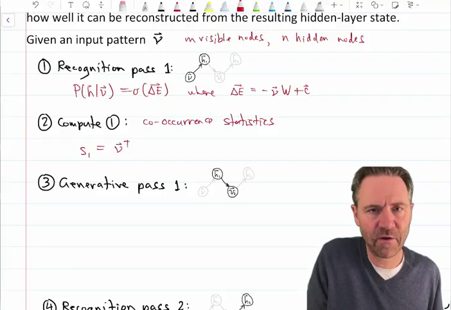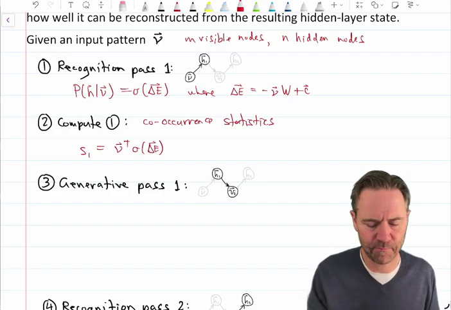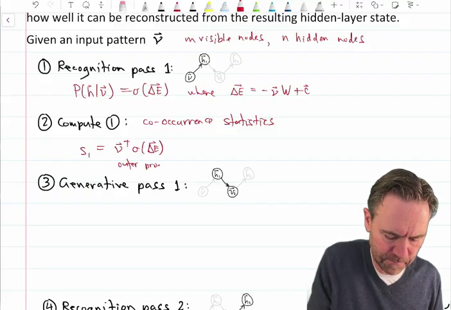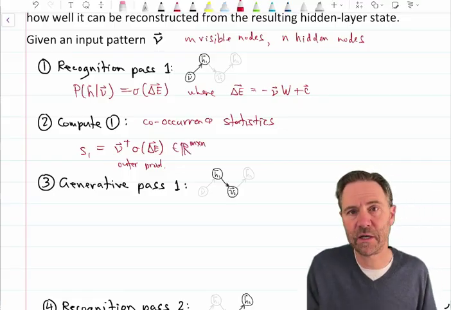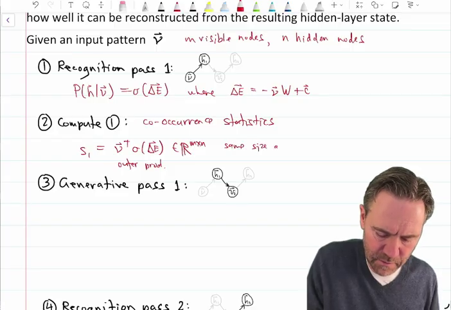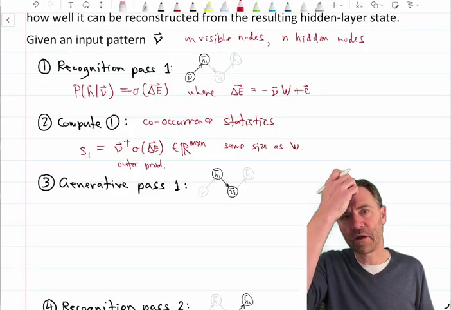So it's V transpose times the hidden probabilities, the Bernoulli probabilities. And this again is an outer product. So this thing is an element of R^(m by n). So it's the same size as W. Okay, so now we've got the first term.